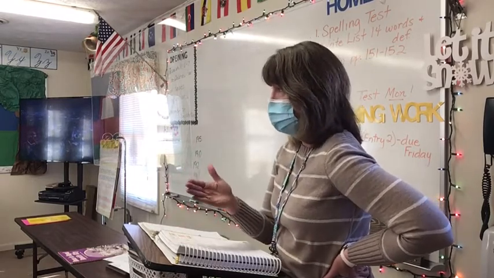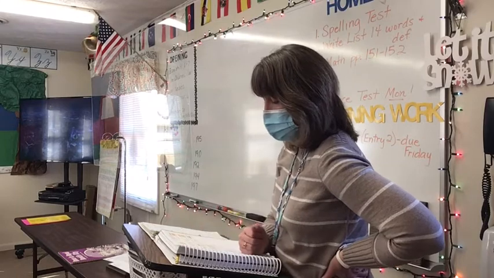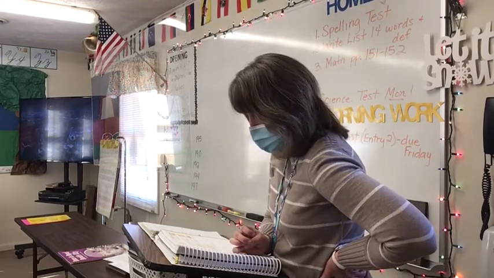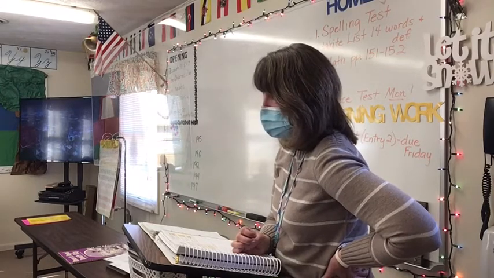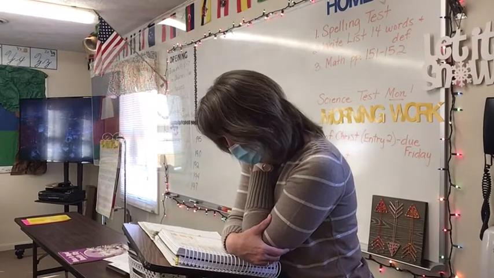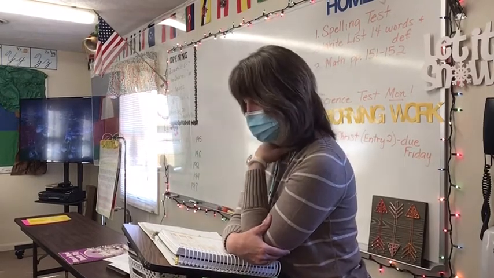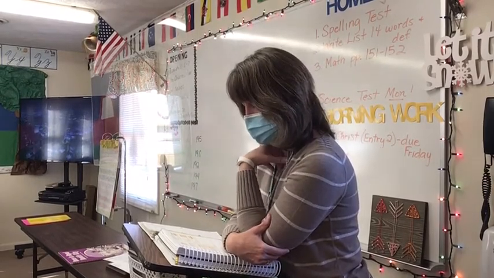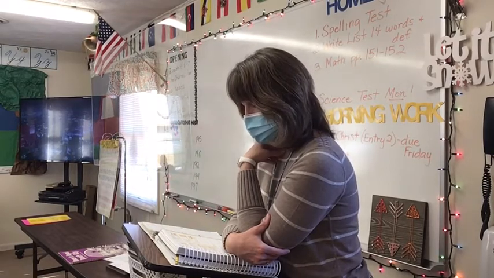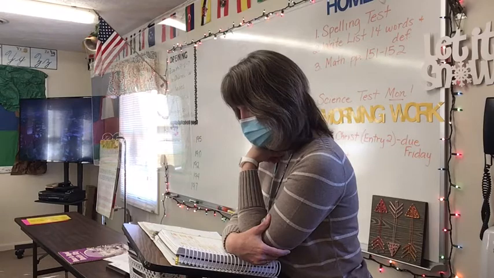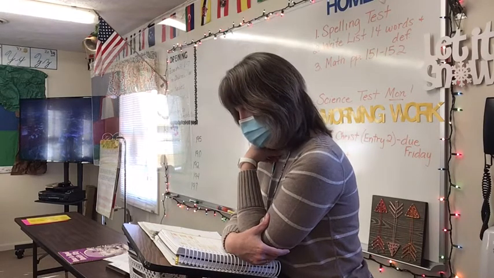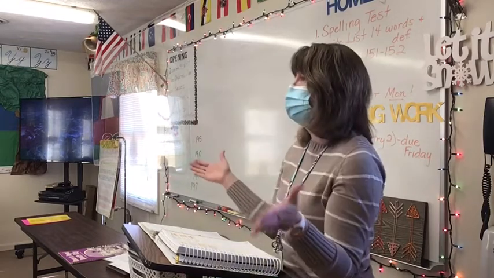Let me have Lucas read number 1 for us, please. 48 passengers signed up for the dinner cruise. Each table seats 8 people. How many tables will be used? Okay, so we have 48 people altogether.